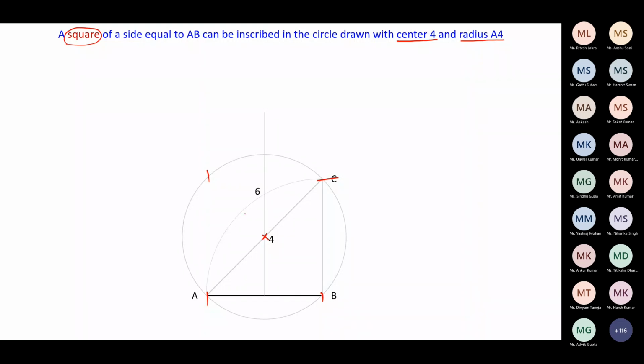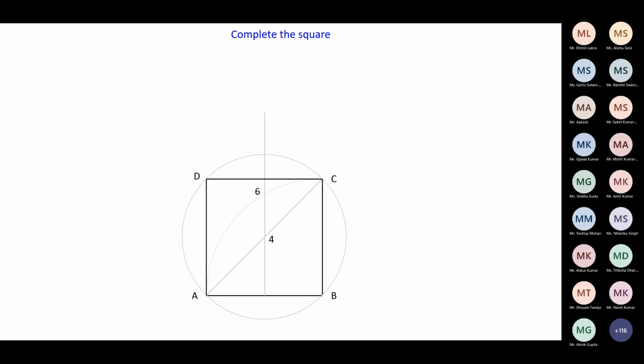Or we simply draw one perpendicular to AB from B, going up like this. And from here, we also draw one line, perpendicular to AB. And you simply join this. So ABC can be given the name. Since this is a square, this is very simple. In this way we can complete this square.